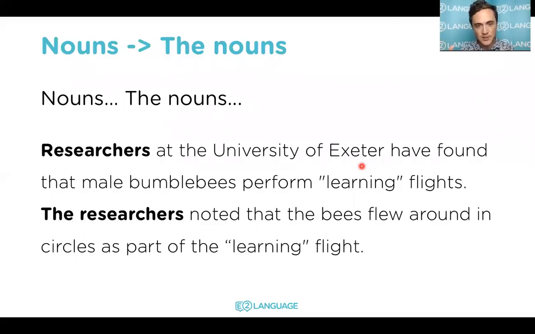Okay, we're introducing a plural noun. We don't use an article. Researchers at the University of Exeter have found that male bumblebees perform learning flights. The researchers noted that the bees flew around in circles as part of the learning flight. We have gone from nouns, researchers, to the nouns, the researchers.